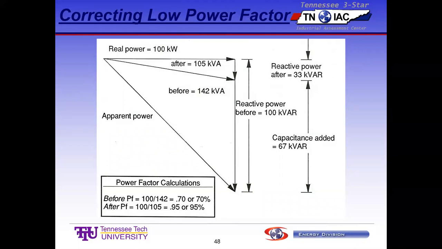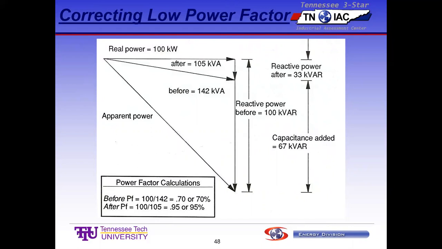Here's an example. This is good. This relates back to that previous example. Okay, so we have real power of 100 kW. It doesn't change. Real power is real power.